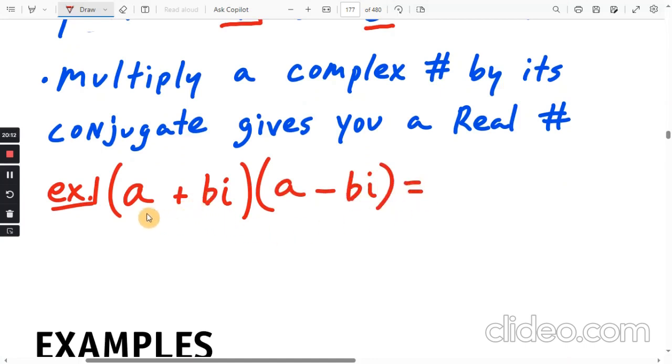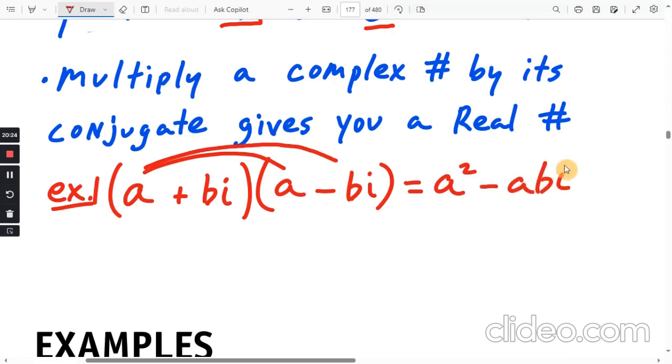You distribute. a times a is a squared. a times negative bi is negative abi. bi times a is positive abi. And finally, bi times negative bi. Well, b times negative b is negative b squared. And of course, i times i is i squared.